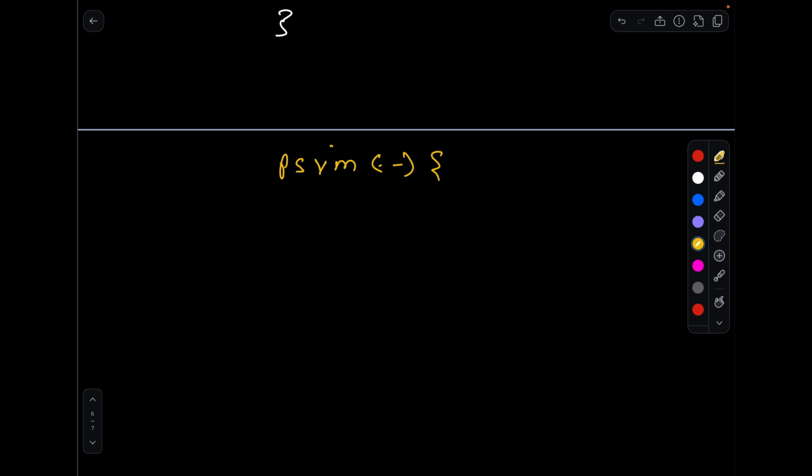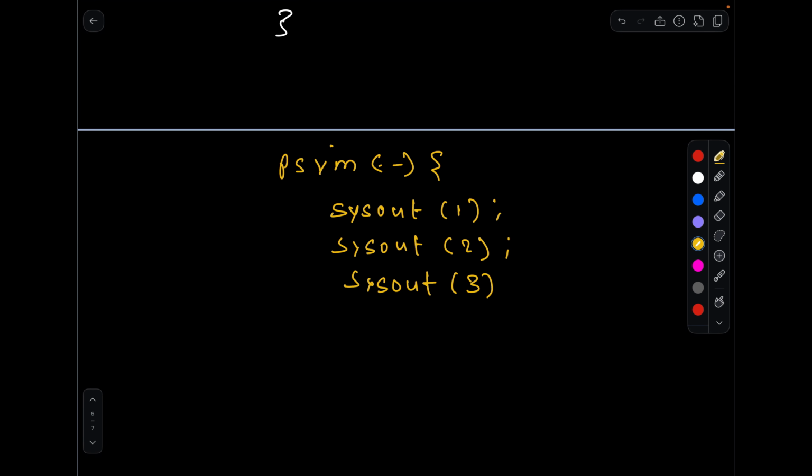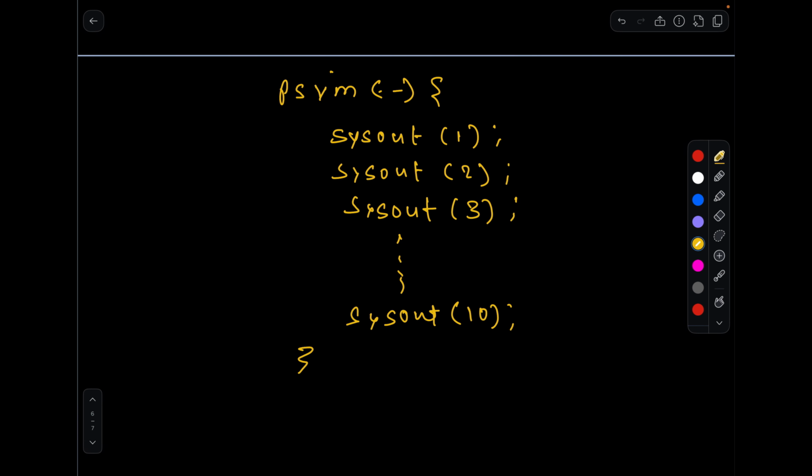If I want to print from 1 to 10, then you can write sys out 1, sys out 2, sys out 3, and so on till sys out 10. This will print the numbers from 1 to 10, and this is fine for now.